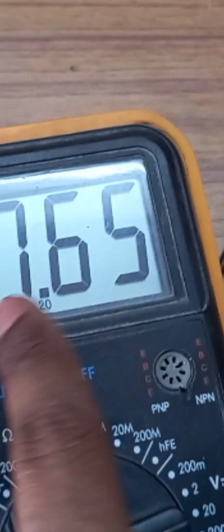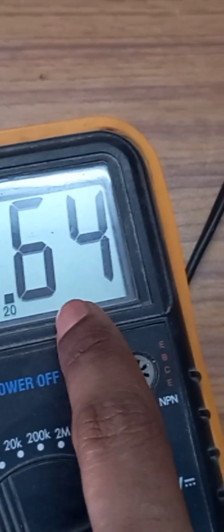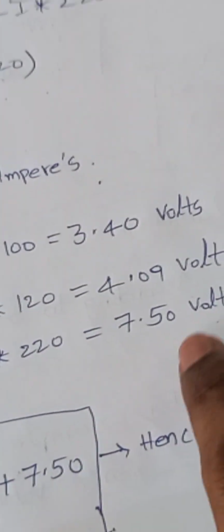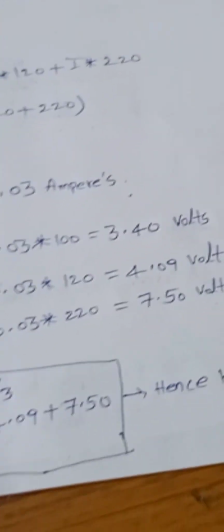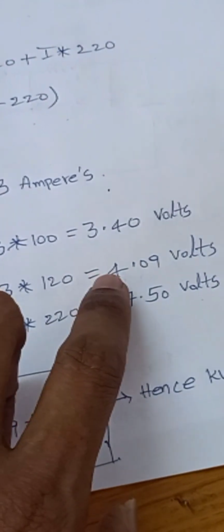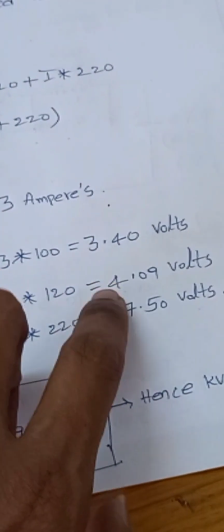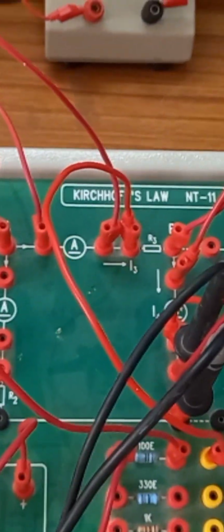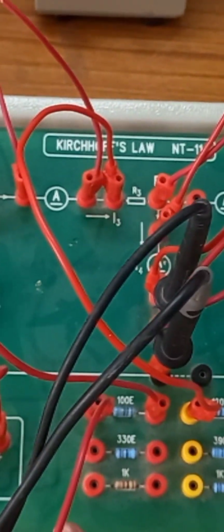Here I got a minus only because of interchanged polarity, so practically we got 7.64 across R3 resistance. Theoretically we got 7.50. So whatever values we calculated theoretically, we verified practically using the Kirchhoff voltage law kit.